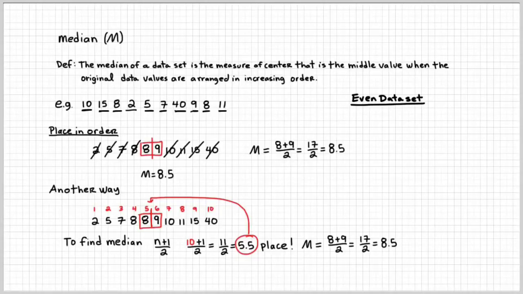So we add 8 and 9 divided by 2, and we get 8.5. So both methods, crossing it out or using the formula, are fine. It depends on what method your teacher wants you to use or what's more comfortable for you.